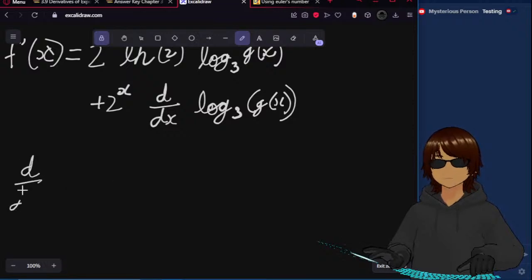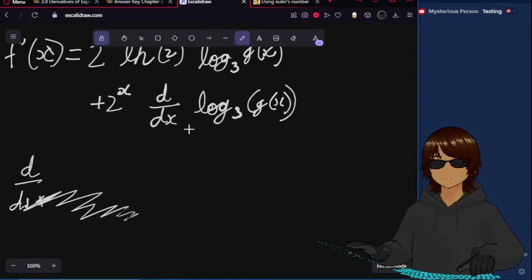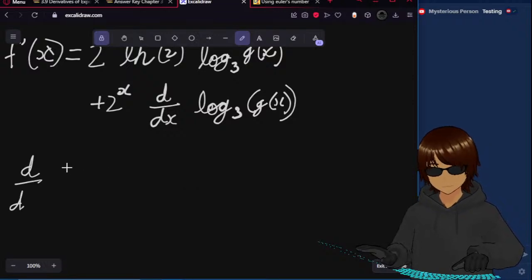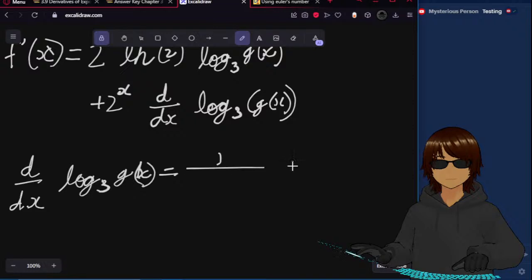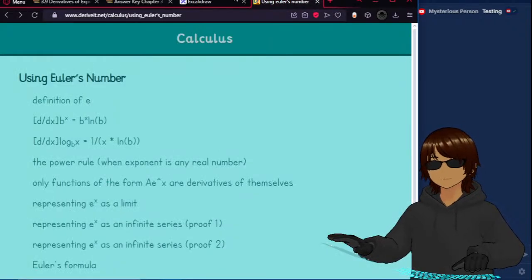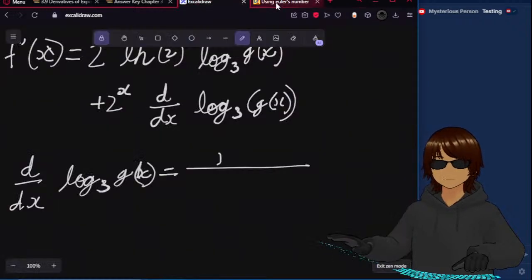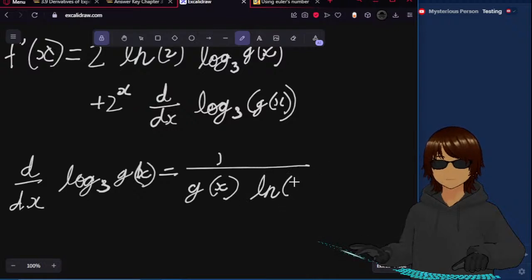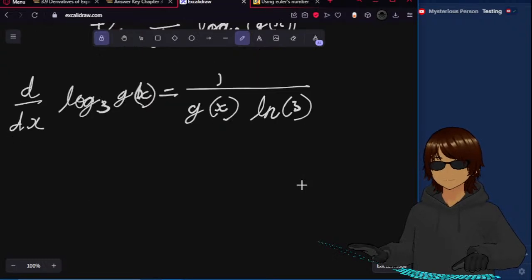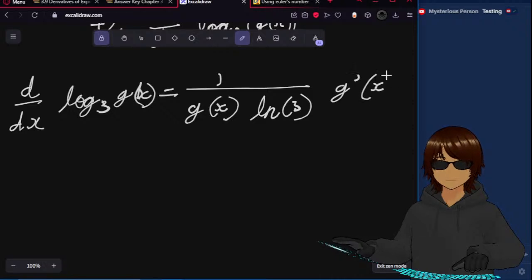Now let's find the derivative of this. You know why it's, which is 1 over what? Ln of 3, like that.